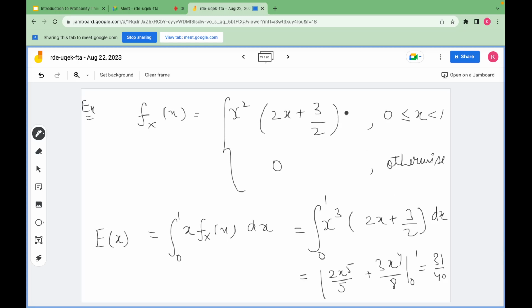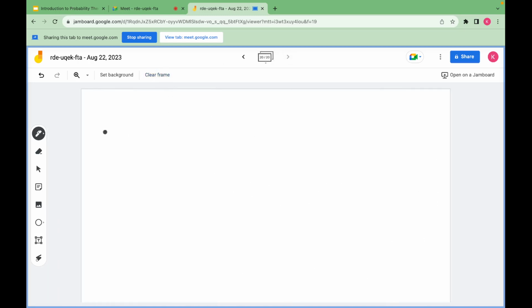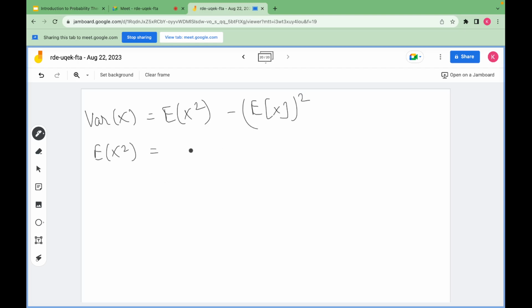Okay. Now the variance of x is the expectation of x squared minus the expectation of x, whole squared. So we need to find the expectation of x squared, which is nothing but the integral of x squared f(x) dx from 0 to 1.